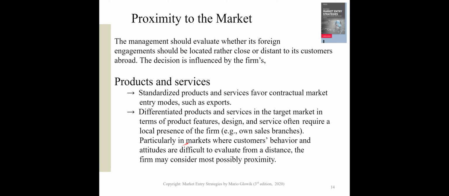And particularly in markets where customers' behavior and attitudes are difficult to evaluate from a distance, that means from our home market, then the firm may consider proximity, that means being as close as possible to the customers abroad.